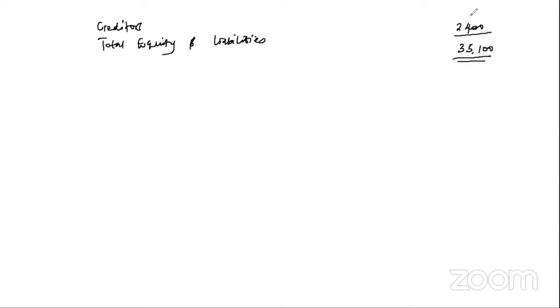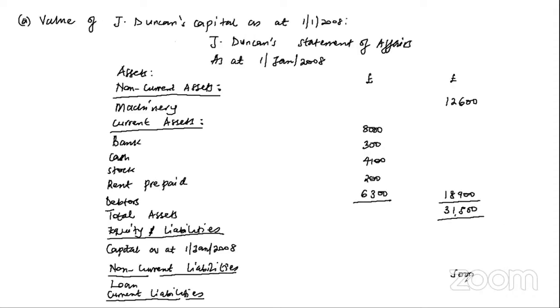So when you add your equity plus the liabilities, you should get 35,100. But of course, we cannot get that because we only have creditors of 2,400 as well as a loan of 5,000, meaning that your equity is going to be your balancing figure. So when you try to balance out, you'll find that your equity is 24,100.